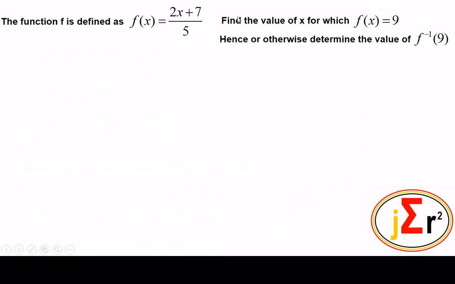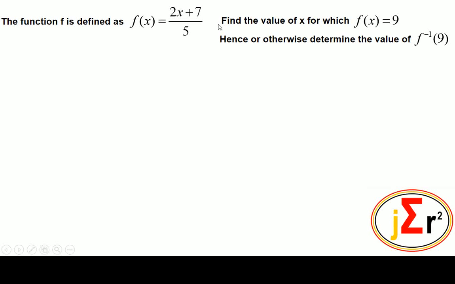Now, let us take a look at what we did. Find the value of x for which f of x is equal to 9. We have done that. Hence, or otherwise, determine the value of f inverse of 9.